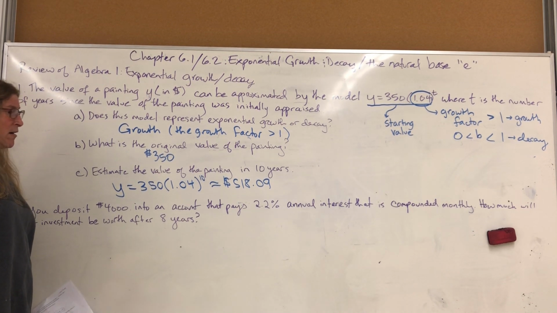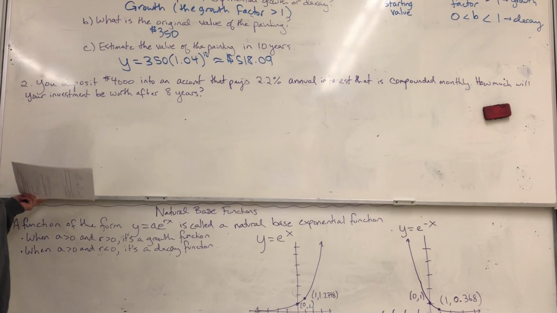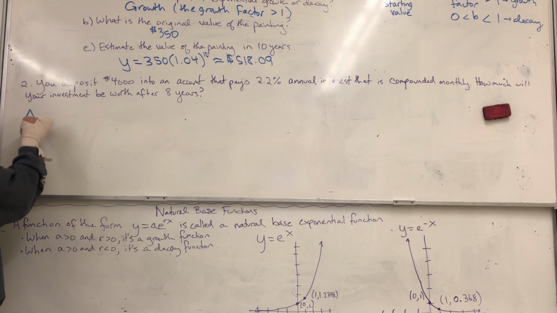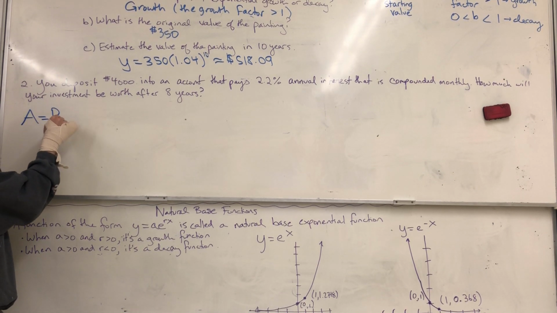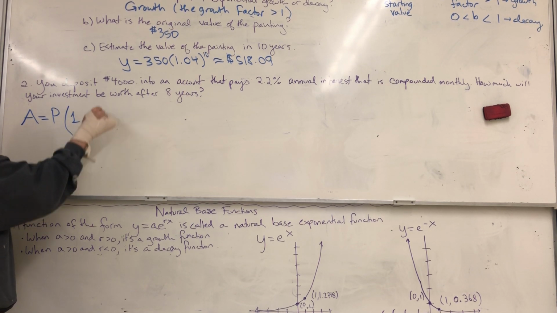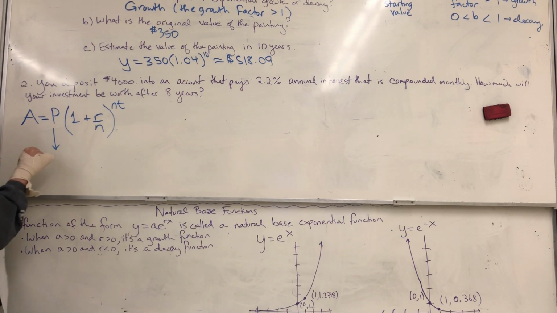Now, a really common use for this type of information, this exponential growth, is in financial settings. So this is a formula that maybe you have seen. Now, I'm not going to go too much into this because of interest and time, but P in this case stands for the principal, which is the starting value.